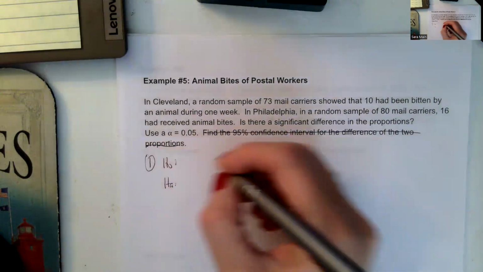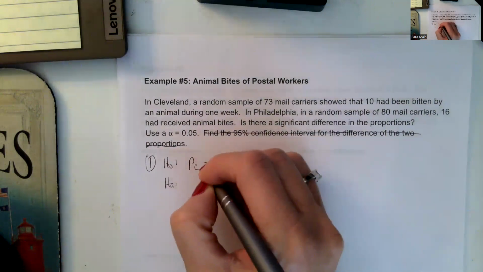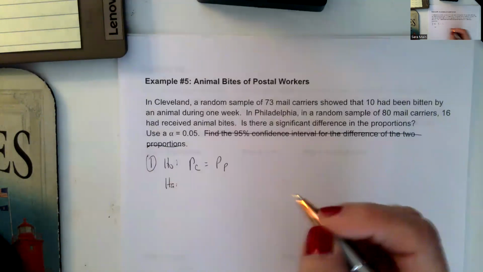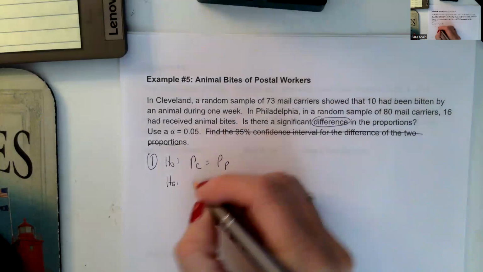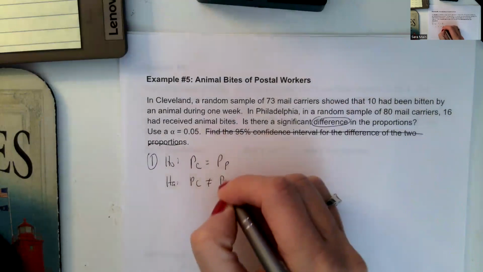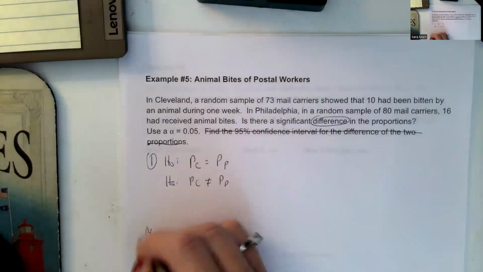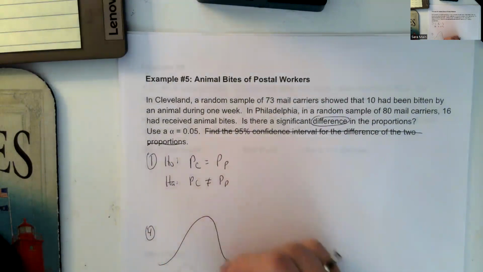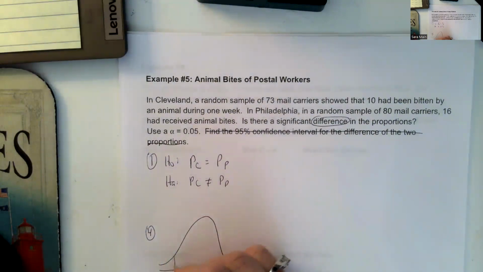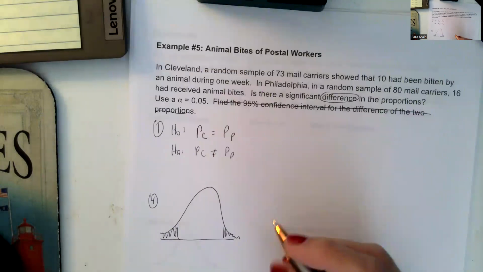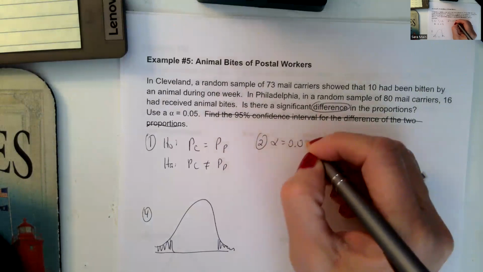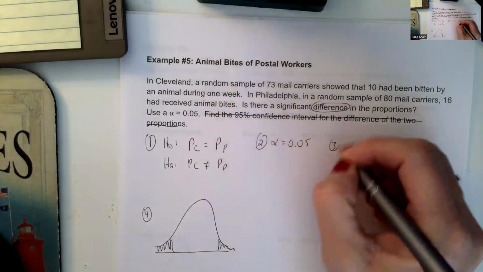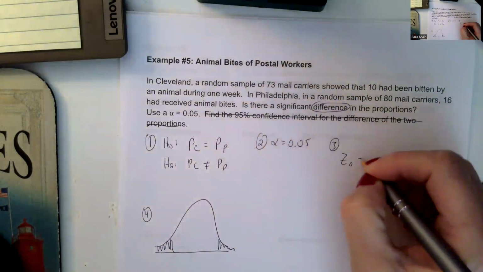So we're saying, I'm going to say P of C for Cleveland is equal to P of P for Philadelphia. And they're just asking about a difference. So it's going to be a not equal to again. So we're going to have two-tailed on our picture. And they want us to use alpha at 0.05. And we're going to have a z test statistic.